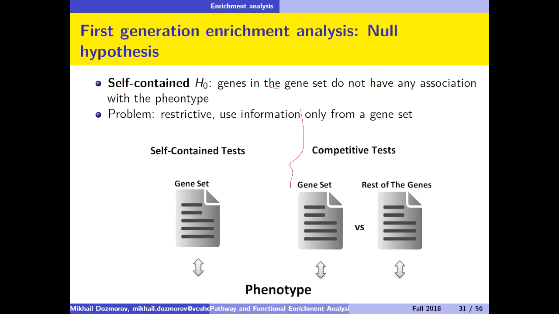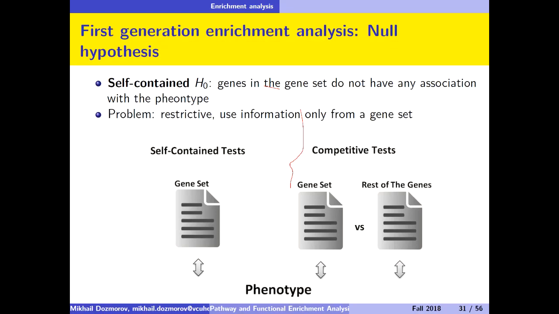So what is self-contained enrichment analysis? Self-contained enrichment analysis is you are looking at gene set and gene set only. So think about you have hypoxia pathway, and you have 100 genes in hypoxia pathway, and all you care about in this self-contained test is: I have 100 genes for hypoxia. How many genes among those hundred did I identify as differentially expressed?